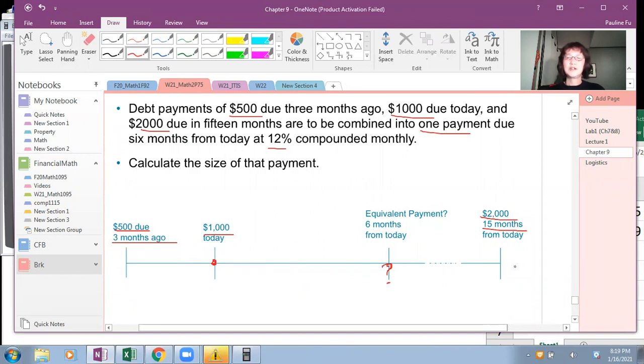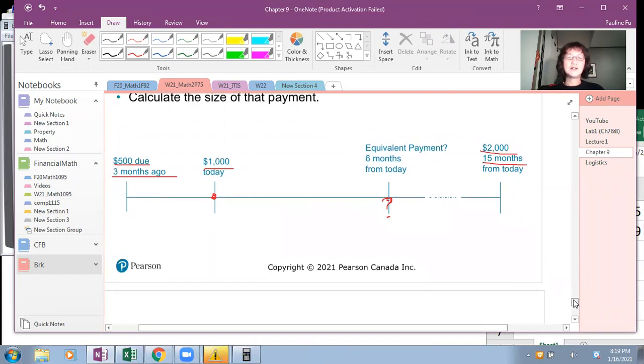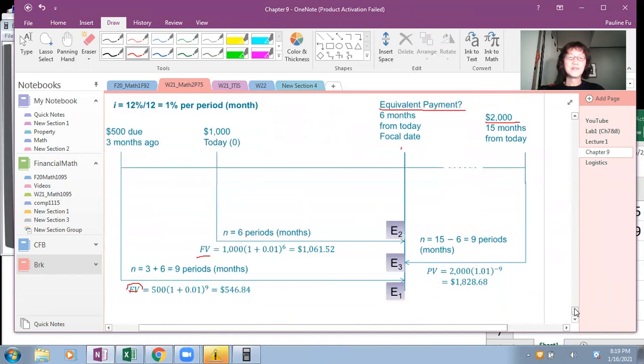Okay. So the analysis is here. You compute the future value for this $500 at this point. What is the future value for this $1,000 at this point?